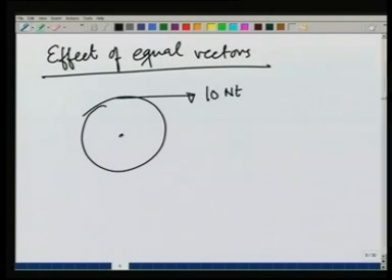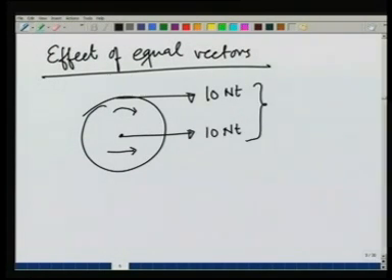If I apply the same force on the axle in the same direction, although the two vectors are equal, their effect would not be the same. In the first case, the wheel will start rolling. In the second case, it will just move forward without rolling. So, although the vectors are equal, their effect is not the same.